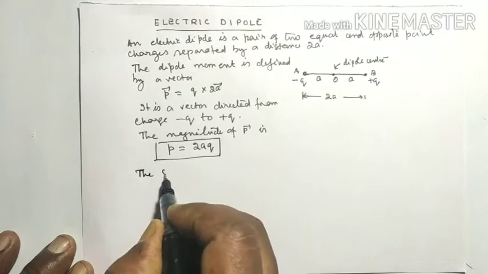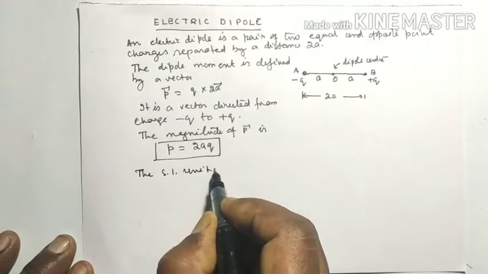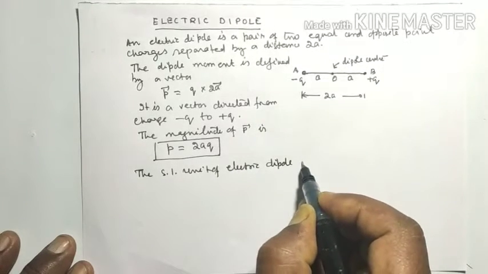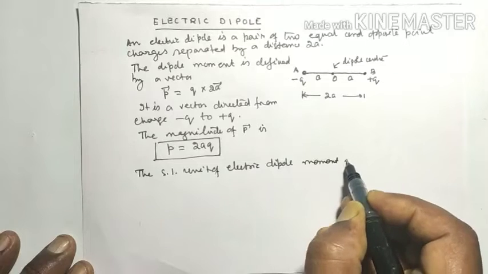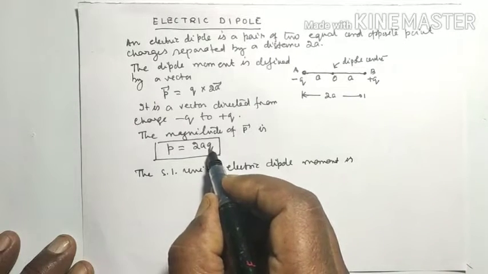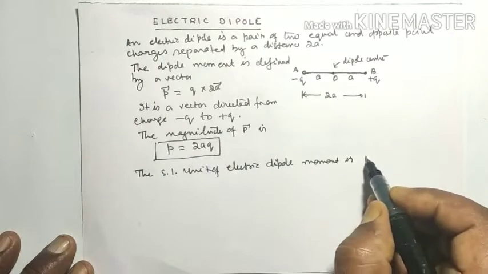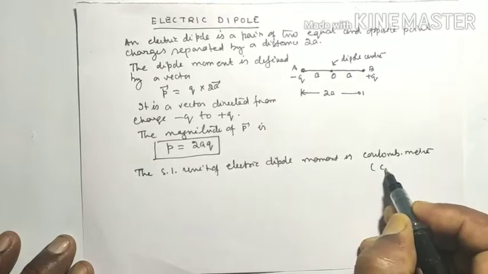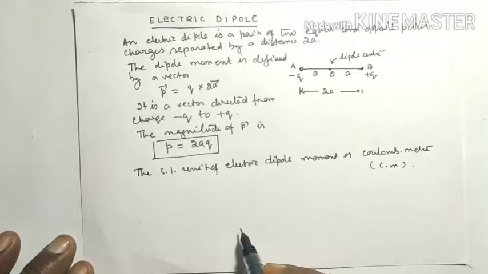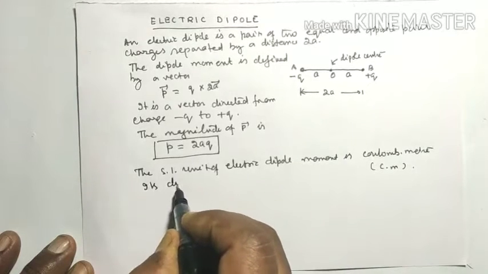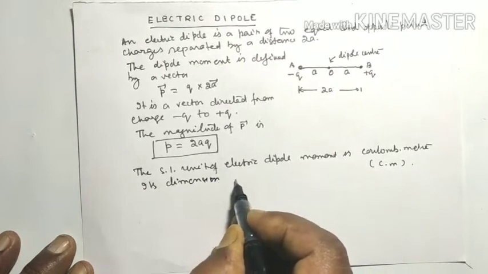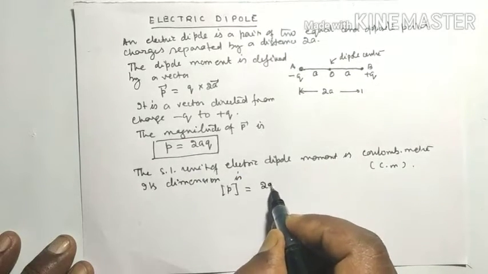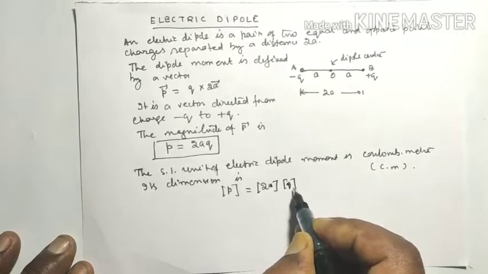The SI unit of electric dipole moment is, unit of charge is coulomb, unit of 2a is meter, coulomb meter. Its dimension is dimension of 2a into dimension of charge.